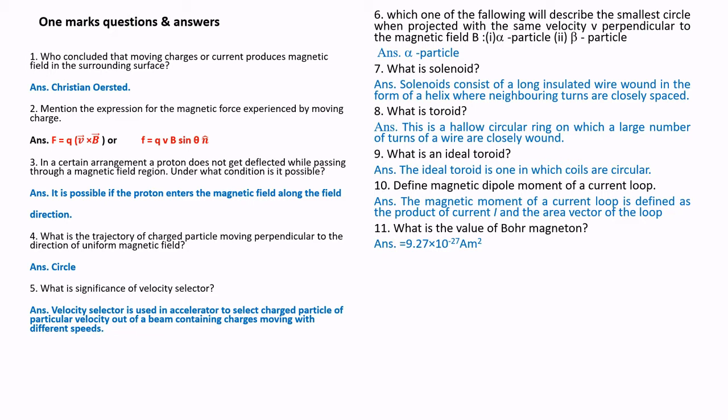Question number 11. What is the value of the Bohr magneton? Answer: 9.27 into 10 to the power of minus 27.